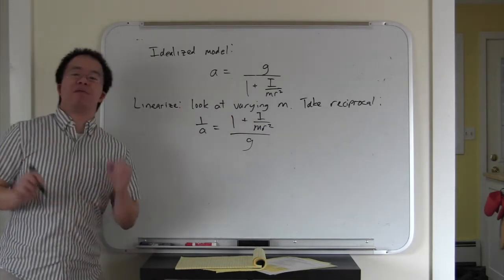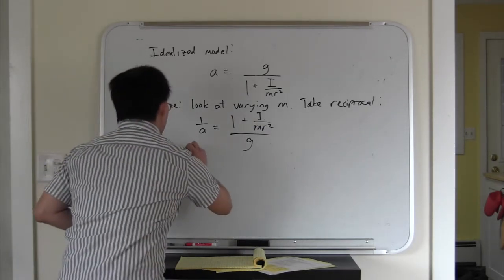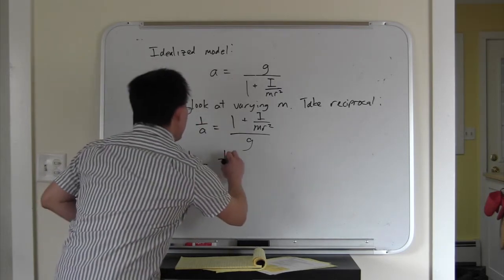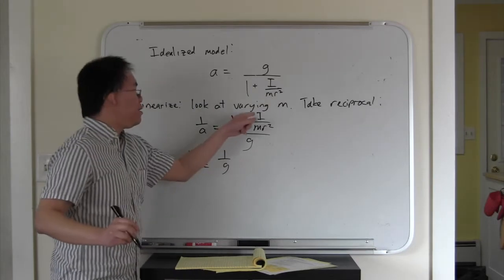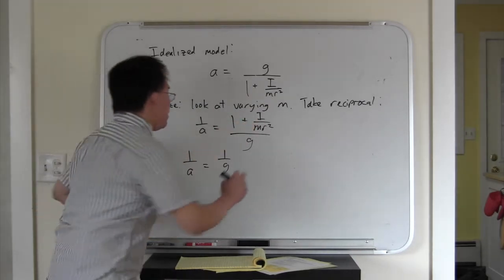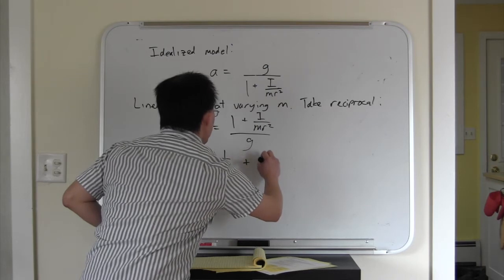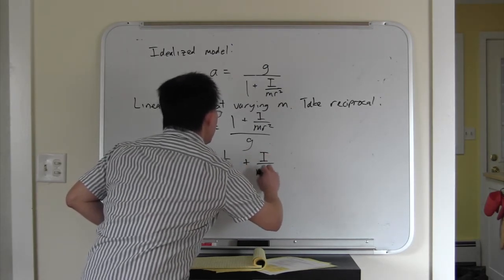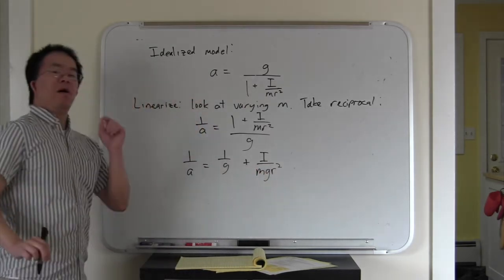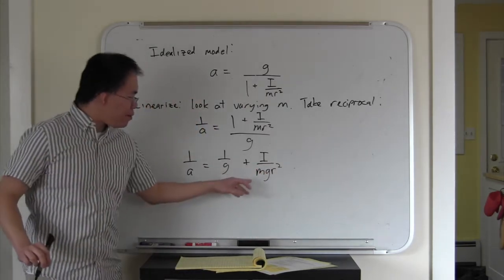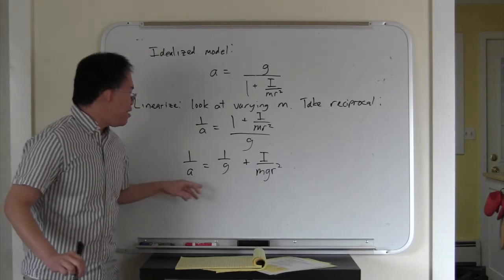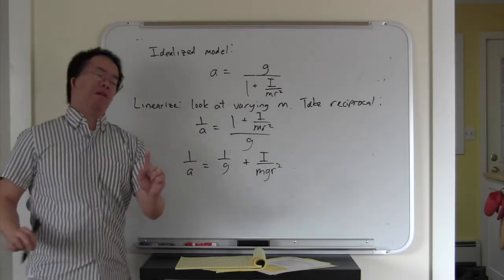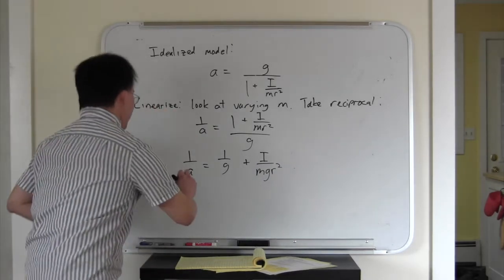Or if I write this in a more suggestive way, I have 1 over a equal to 1 over g, and I also have to divide this term by g, which gives me I over mg r squared. Right now what we can see is that it's not linear in m, but it is linear in 1 over m.